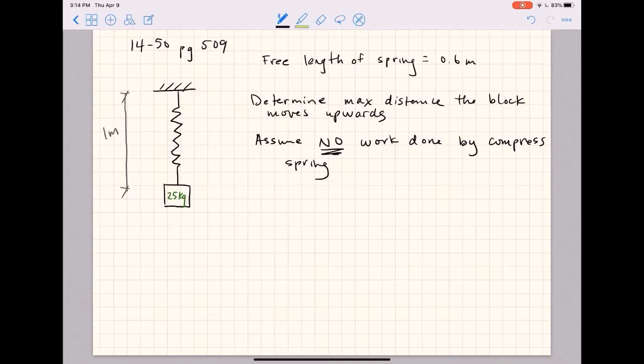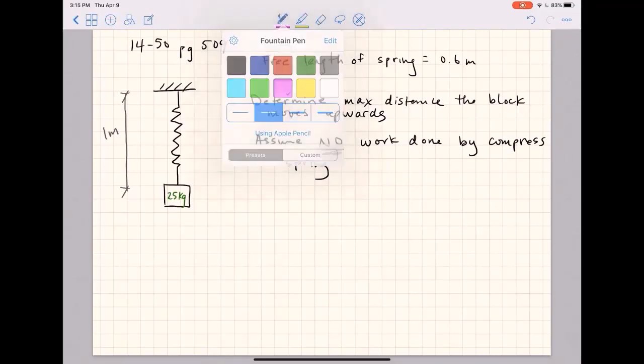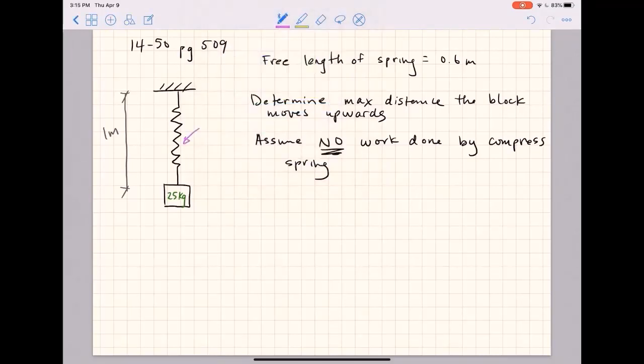So no work is done by compressing the spring. The other thing clearly that we would need, unless that was something they were asking for, but it's not here, is the value of K. It will obviously have a spring constant, so that K is equal to 1500 newtons per meter.